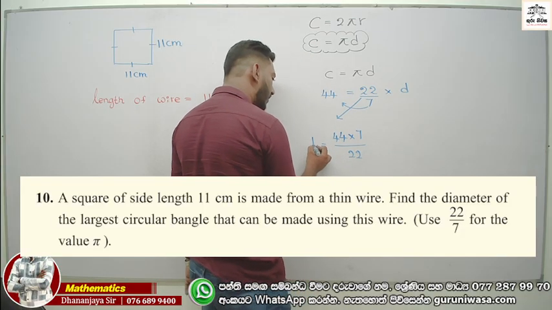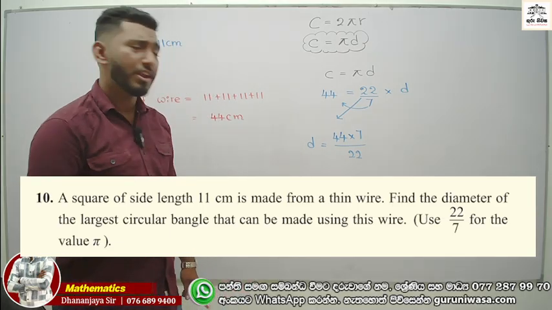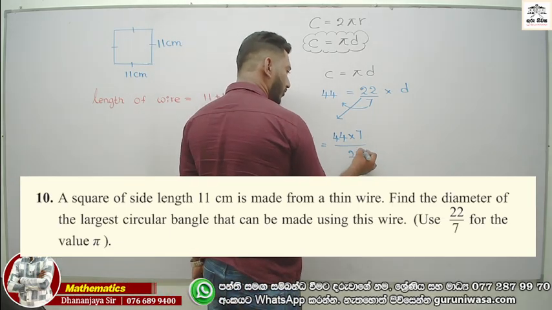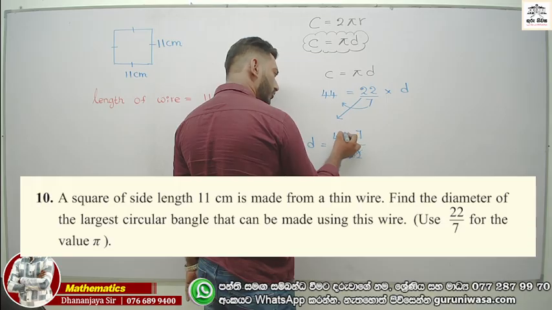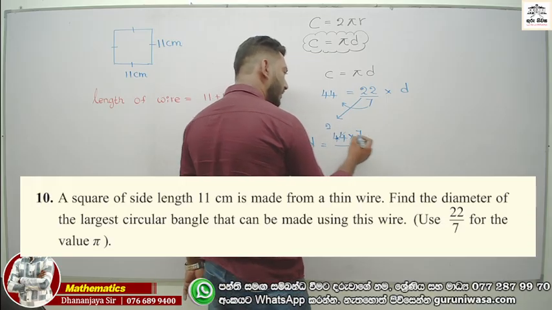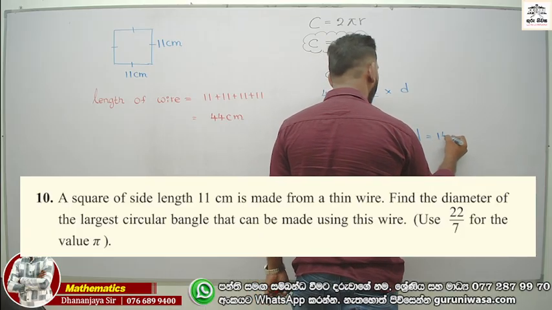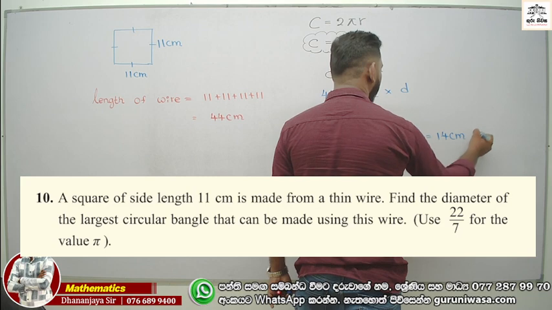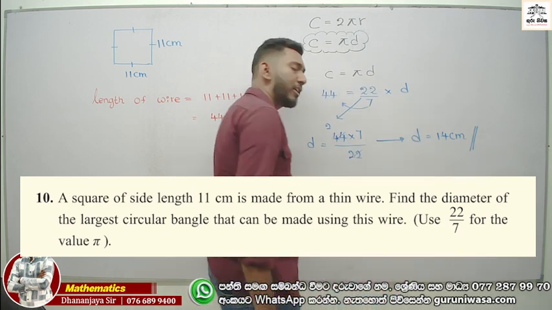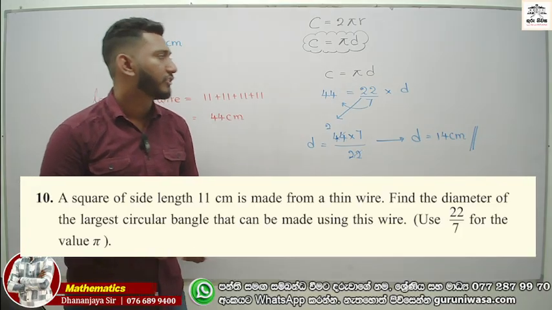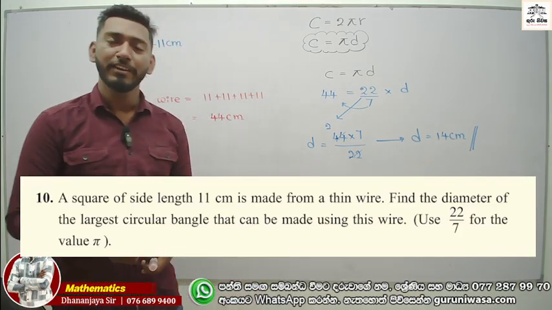That is the value for the diameter. Now we can simplify. 22 times 2 is 44. Finally, the diameter is equal to 14 centimeters. And this is the maximum diameter we can use for a bangle, right?